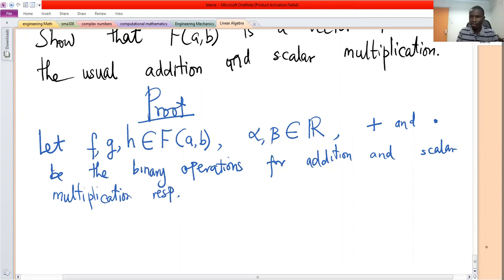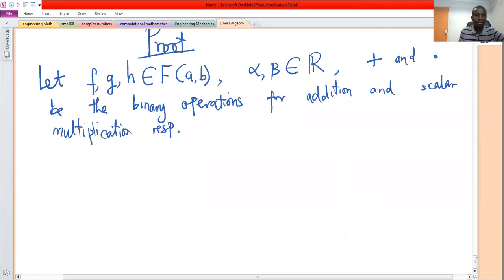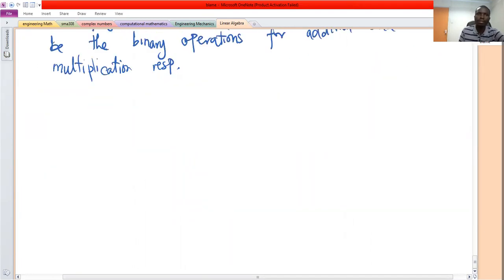So we have to go through all the 10 axioms that specify a vector space. The first one, we have to test closure with respect to addition.